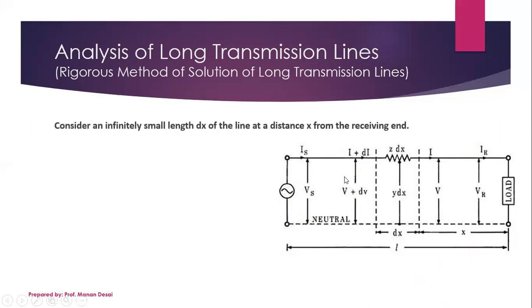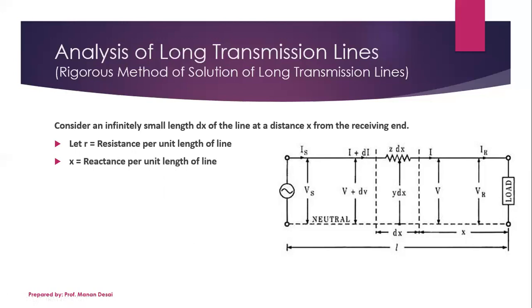Consider this figure, an infinitely small length dx of the line at distance x from the receiving end. Let r be the resistance per unit length, x the reactance per unit length, b the susceptance per unit length, and g the conductance per unit length.